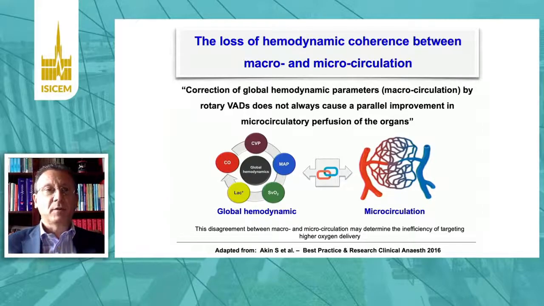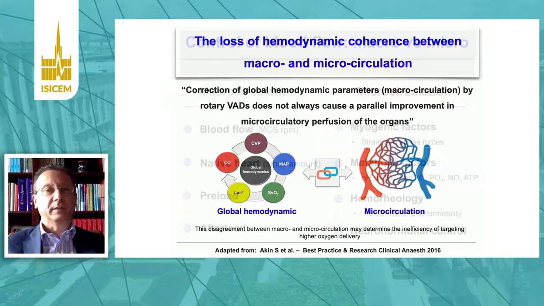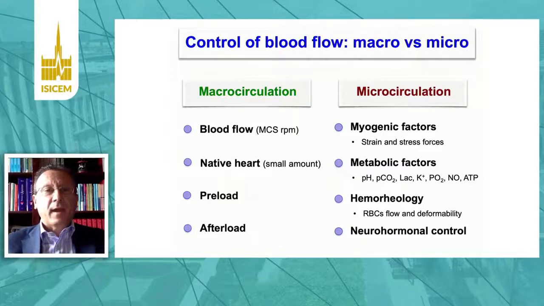This is due to the fact that there is a loss of hemodynamic coherence between macro and microcirculation. And this disagreement between macro and microcirculation may determine the inefficiency of targeting higher oxygen delivery. This is due to the fact that macro and microcirculation are under different controls.